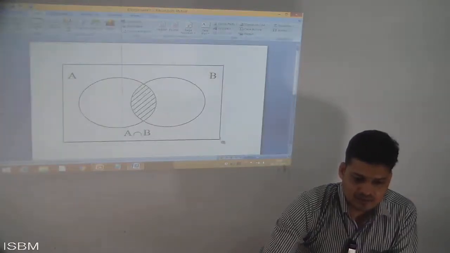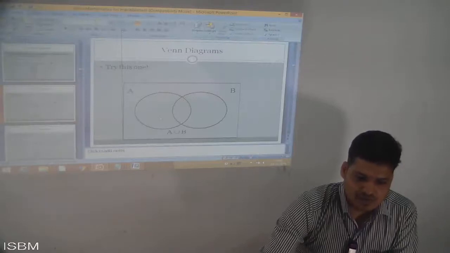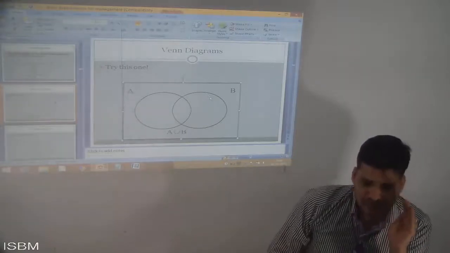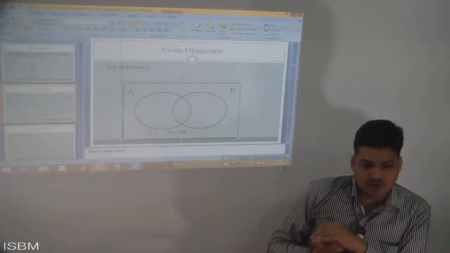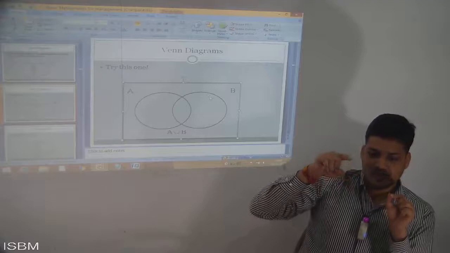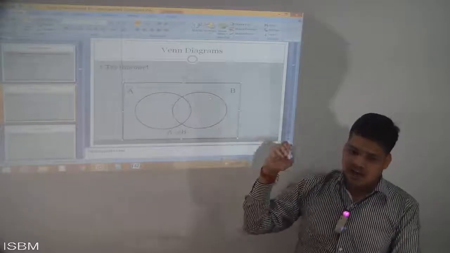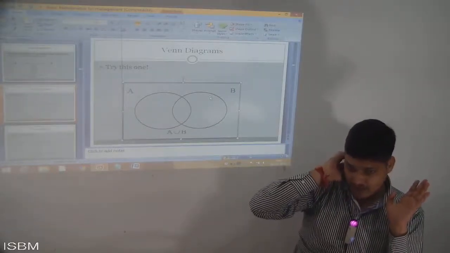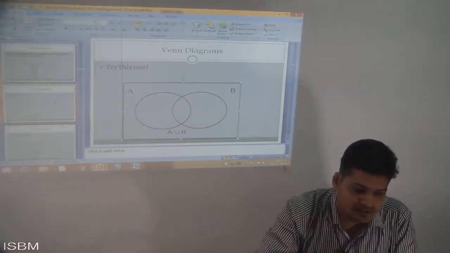The value which is intersected as well as the values surrounding it will all come over here. So entire A and entire B are clubbed together, and that is shown as A union B. A union B gives you all the values of A as well as all the values of B, whether or not they belong to both; that doesn't matter. So A union B is like this.